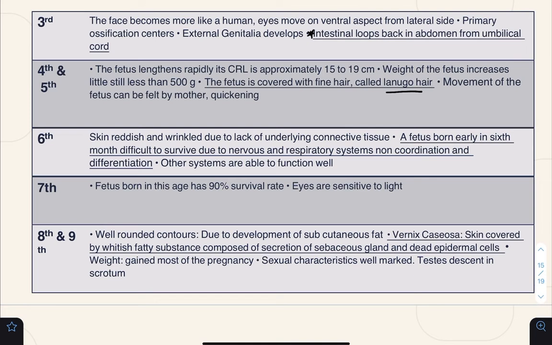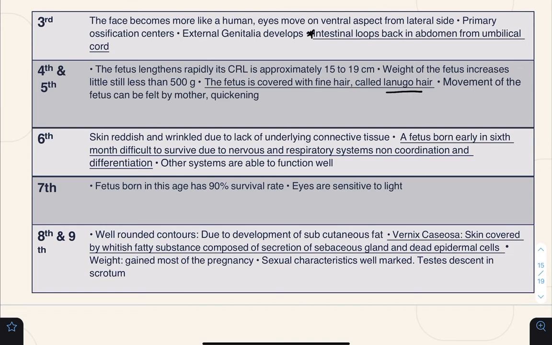During the 6th month, the skin will become reddish and wrinkled عشان ما في connective tissue كفاية إنها تشد الجلد. في حال انولد الفيتس by the 6th month نسبة survival is extremely low. ليش؟ Most of the systems are going to be well formed, working fine, functional, بس ما راح يصير في تواصل بين الجهاز العصبي والجهاز التنفسي.